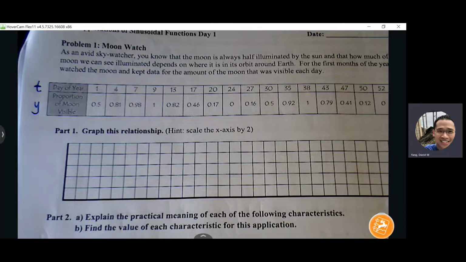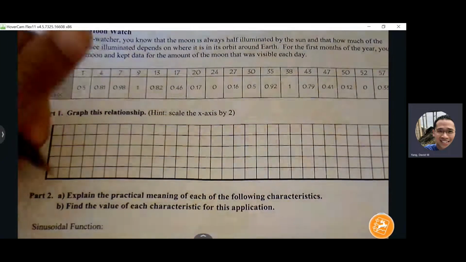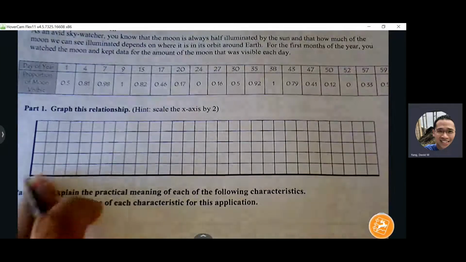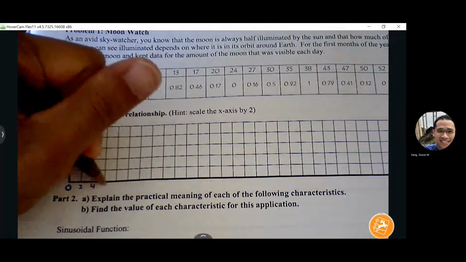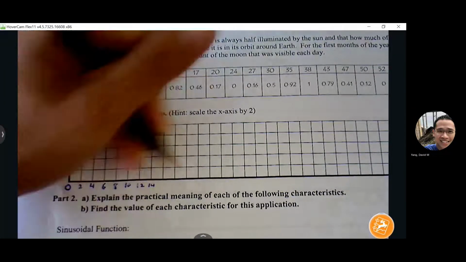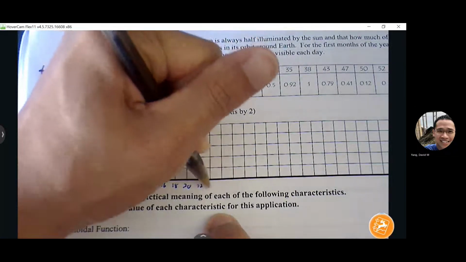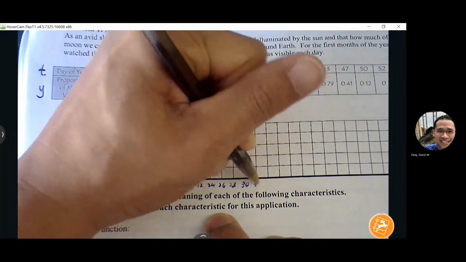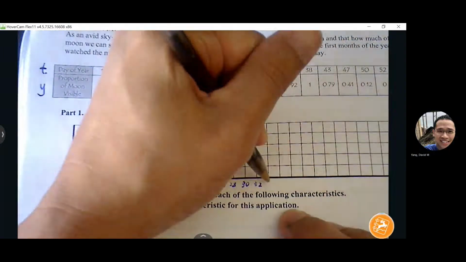Okay, it's going to seem a little tedious here. I'm going to start labeling at 0 because we need to go all the way out to 60, but I'm just going to go by 2s. That should be enough to get us all the way up to 60.